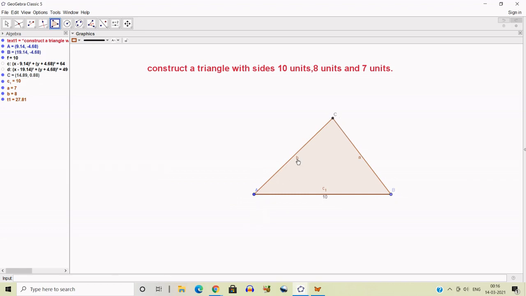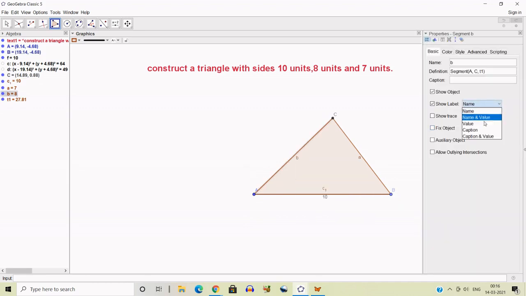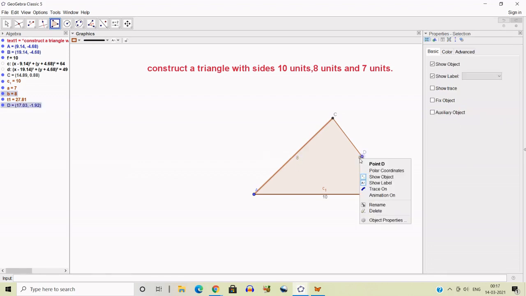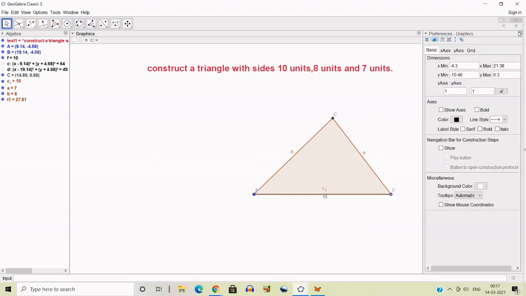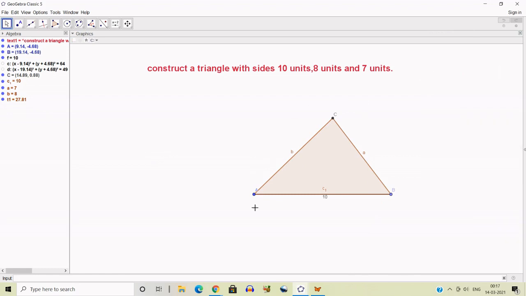Let us name this side with the value, that is 8 units. Similarly, we need the value over here. So this is the required triangle ABC.